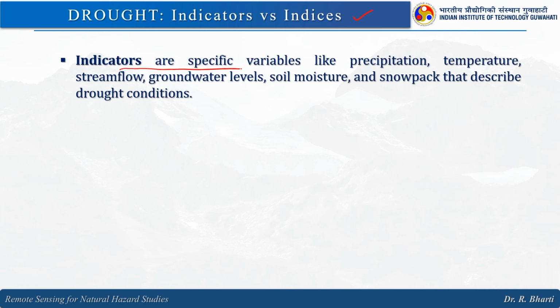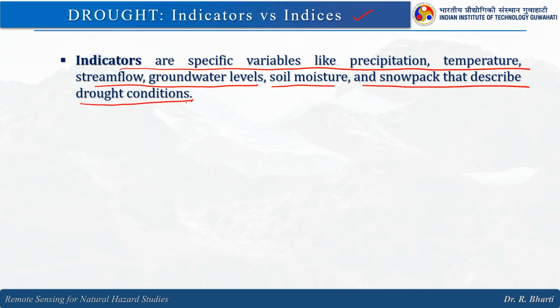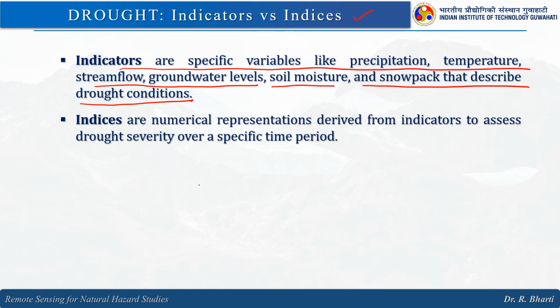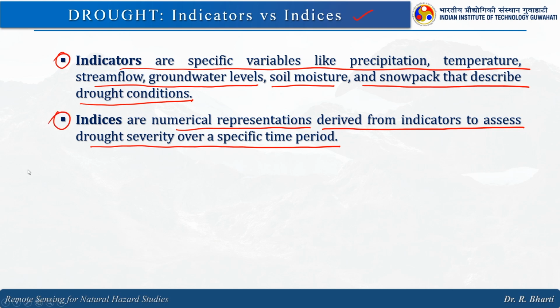Indicators are specific variables like precipitation, temperature, stream flow, groundwater level, soil moisture and snowpack that describe the drought condition. But indices are numerical representations derived from indicators to assess drought severity over a specific time period. You need to remember this, what is an indicator, what is an index.